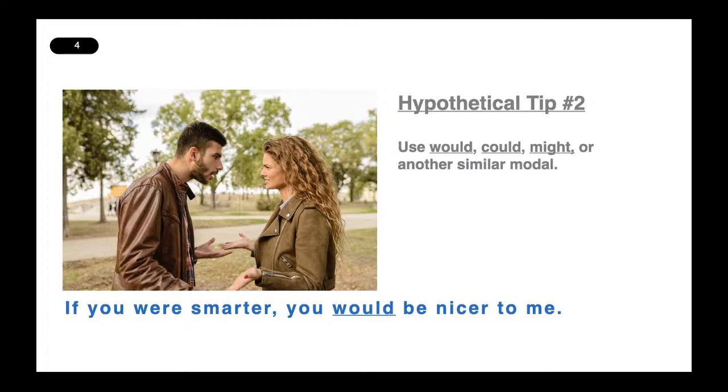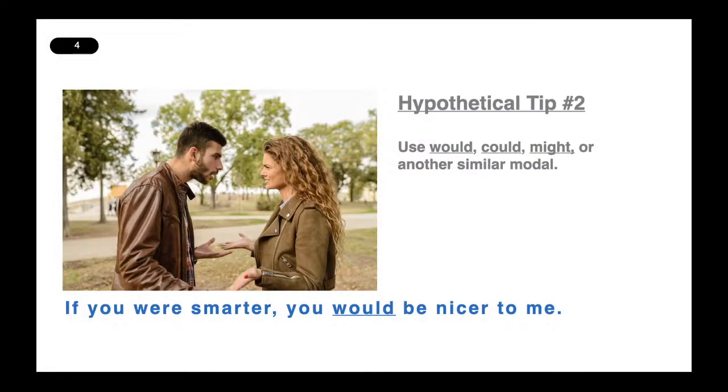So if you were smarter, there's the were, you would be nicer to me. Again, of course, these hypothetical situations are not real. I'm saying if you were smarter, but you're not smarter. It's not a very nice thing to say, by the way. Actually, this sentence, you might hear this in movies.